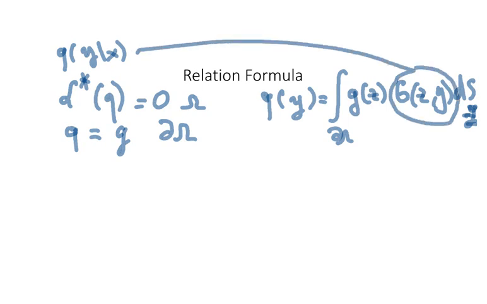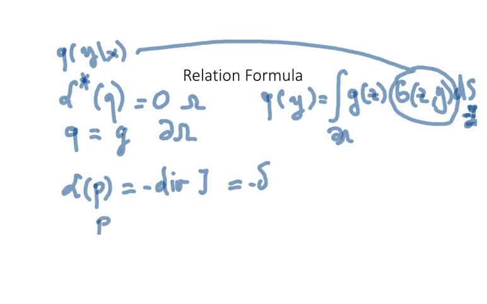And so now let's show that g can be written in terms of the probability flux. So the probability flux is the solution of this equation of L, let's call it P, which can be written minus divergence of J, which is the probability flux, equals minus delta Dirac, and P equals 0 on the boundary, on d omega, and this is omega.